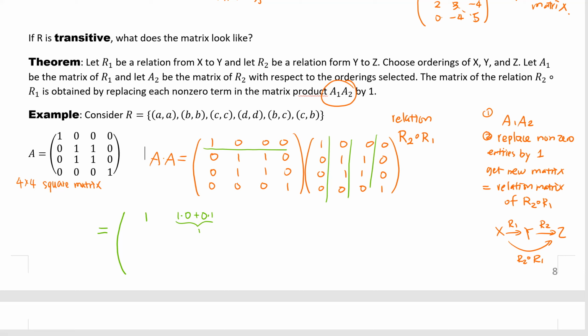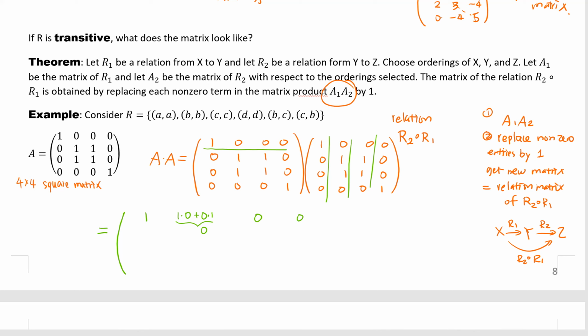Then continue, 1 times 0, so this is also 0. Sorry, I said it wrong. And the last entry, 1 times 0 plus 0 times 1, is also 0, and all the rest is 0. So we get the first row of the products.